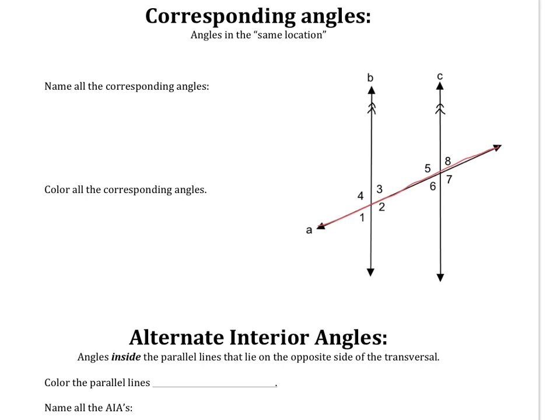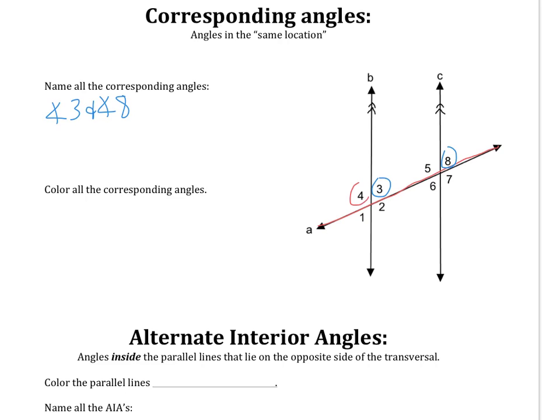And what that means is corresponding means this 3 looks a lot like this number 8, and these two are corresponding. So I'm going to say 3 and 8. And the thing about corresponding angles is they are congruent. So I know that 3 is equal to 8.